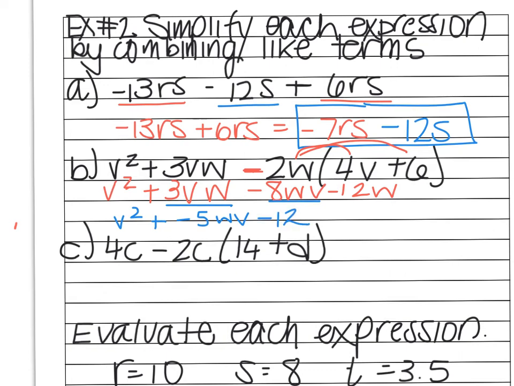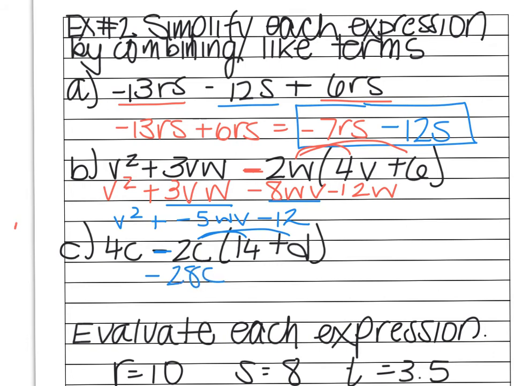Next we have C, 4c minus 2c, parentheses 14 plus d. We must distribute first. We're going to make sure we include that negative sign. Otherwise, if we don't distribute that with it, we're going to get the wrong answer. So negative 2c times 14 is negative 28c.